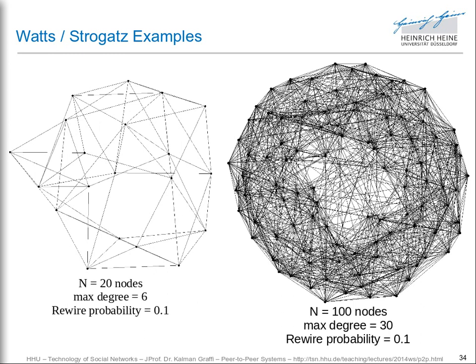Even with 10%, this graph doesn't look like a regular graph. And on the right side, we have a graph with 100 nodes and a maximum degree of 30, and again a rewire probability of 10%. And as you can see, it's pretty random.